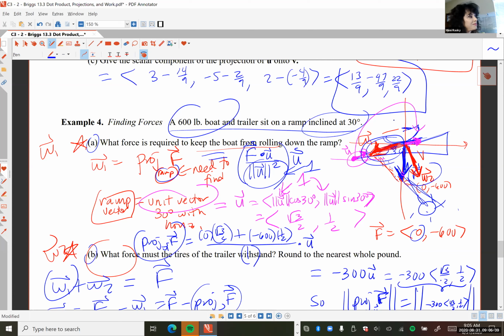I personally don't like that way, because then I would have to come up with an alternate component form for my force vector instead of the easy peasy 0, negative 600 where it's on the y-axis itself. It'd be a little off kilter there. So you could if you want, but I think it's going to make your problem maybe 10 times as difficult. Oh, so it's better to just have it in that normal orientation then. Yeah.